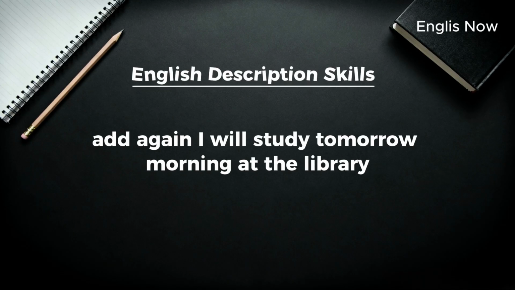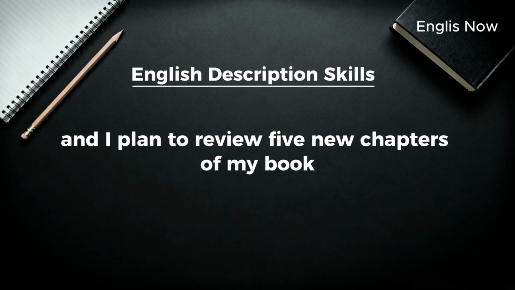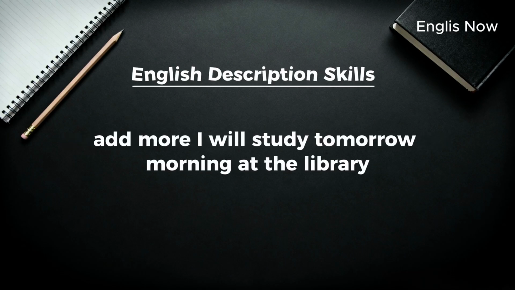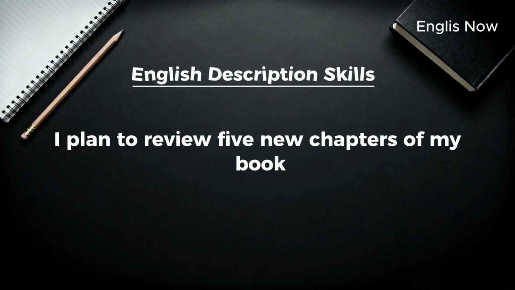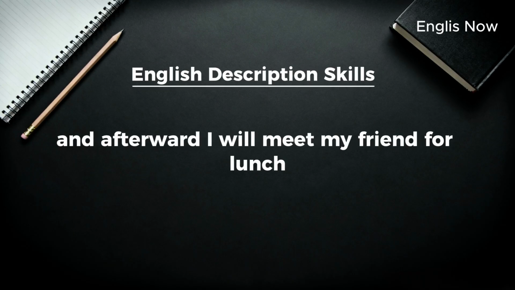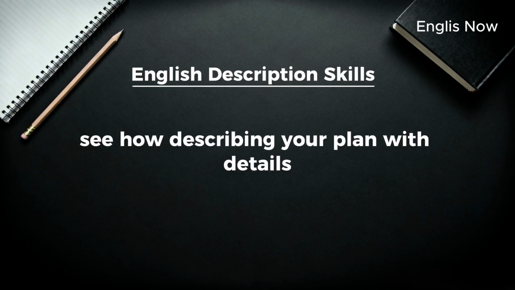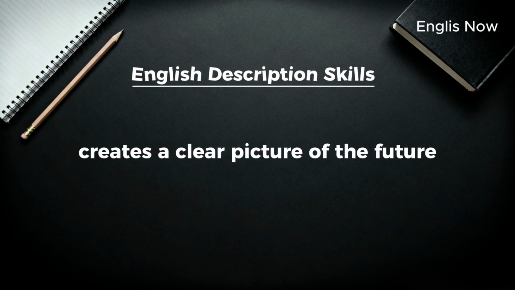"I will study tomorrow morning at the library, and I plan to review 5 new chapters of my book." Add more. "I will study tomorrow morning at the library. I plan to review 5 new chapters of my book, and afterward I will meet my friend for lunch." See how describing your plan with details creates a clear picture of the future.